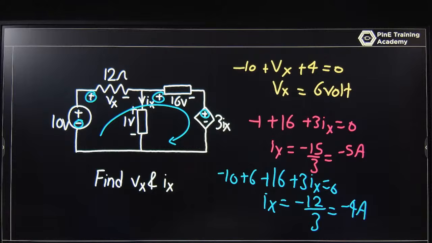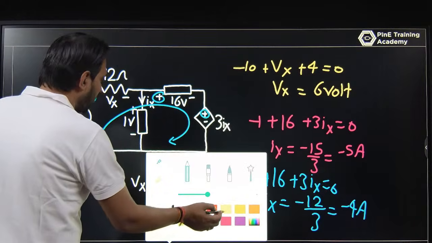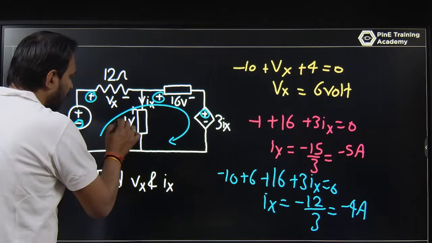Minus 10 plus Vx. Okay, this is plus 1. It is not plus 4. Okay, this is not 4 volt. It is 1 volt. So that's why Vx is 9. Okay, let's check it. This is 4 volt. I am just changing this value. This is 4 volt.